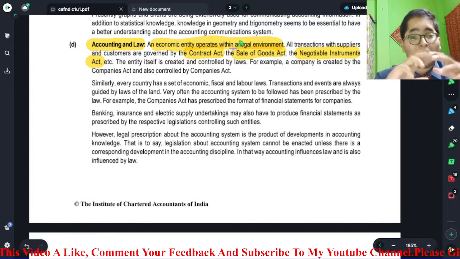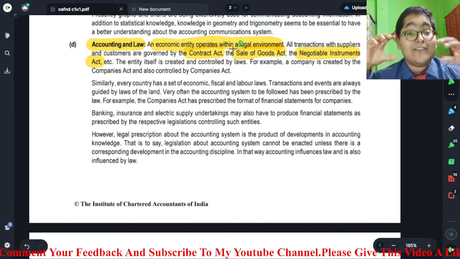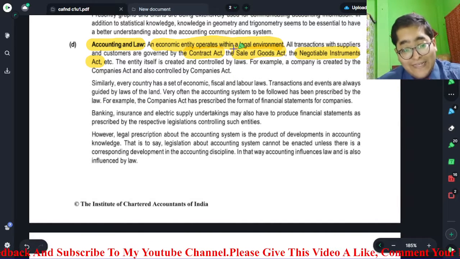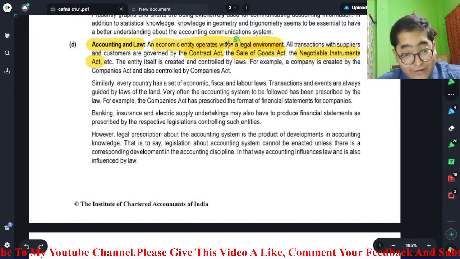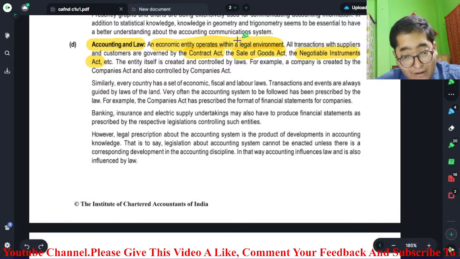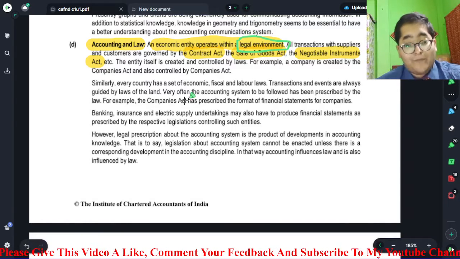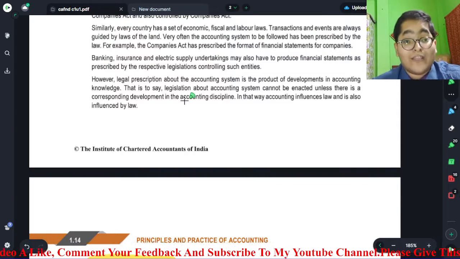There are various types of acts. All these acts govern the country and the economy. That is why the accountant needs to be concerned with the laws that are prevalent for the economy.